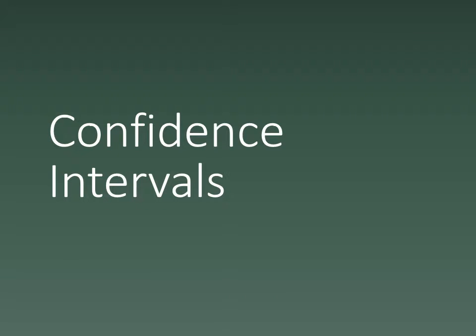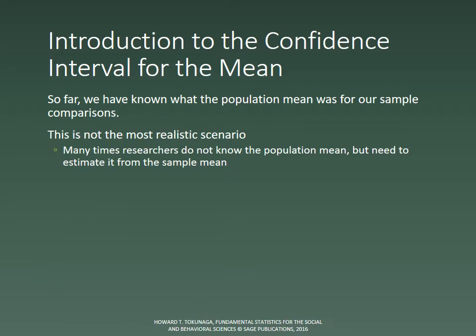Now let's talk about confidence intervals. So far, we've known the population mean for our sample comparisons, but that's not really a realistic scenario. A lot of the time researchers don't know the population mean, but are going to estimate the population mean from a sample mean.